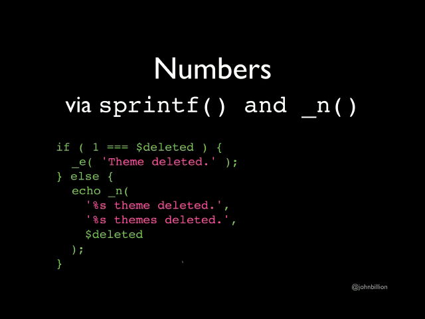So in Russian, for example, if you delete 11 themes at the same time, it will correctly use the singular form of this phrase, which is the %s placeholder "theme deleted". That will be translated correctly in Russian to the singular form. The second sentence here will be correctly translated into the plural form. And that's the logic you need to use.